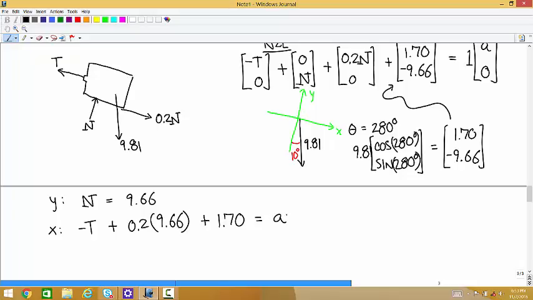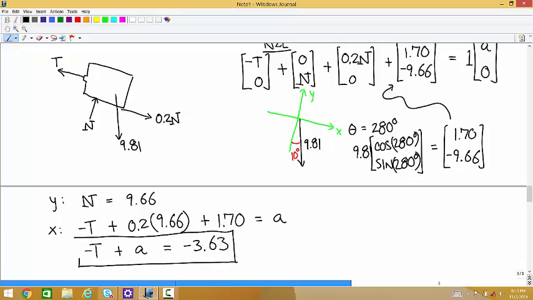So let's simplify that a little bit. Can someone calculate 0.2 times 9.66 plus 1.70? 3.63. Okay, so I'm going to rearrange this as negative T plus a is equal to negative 3.63.